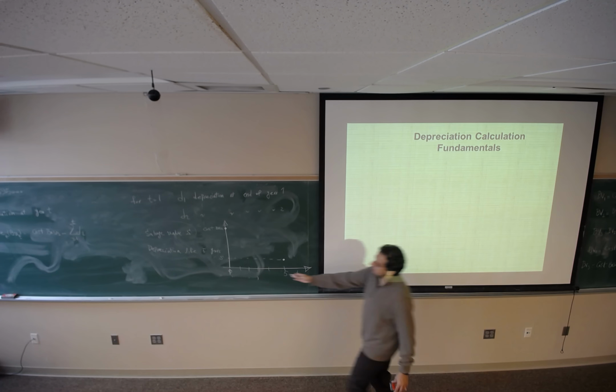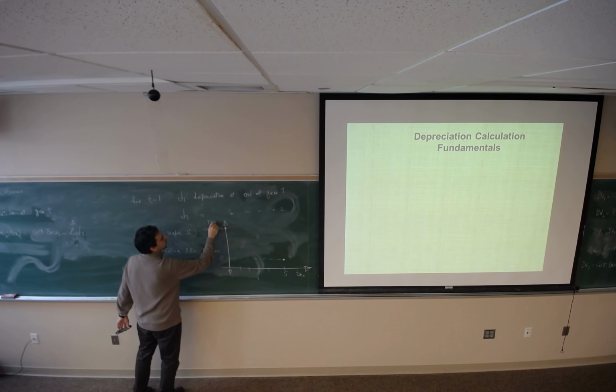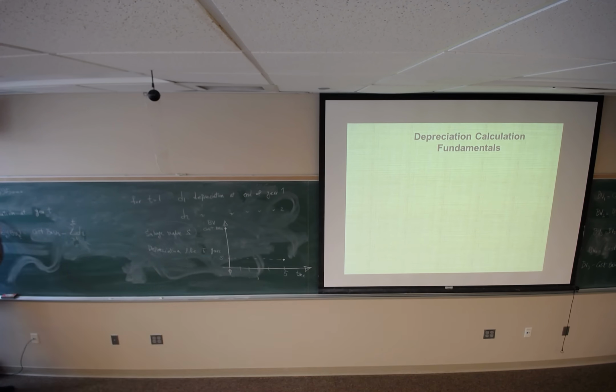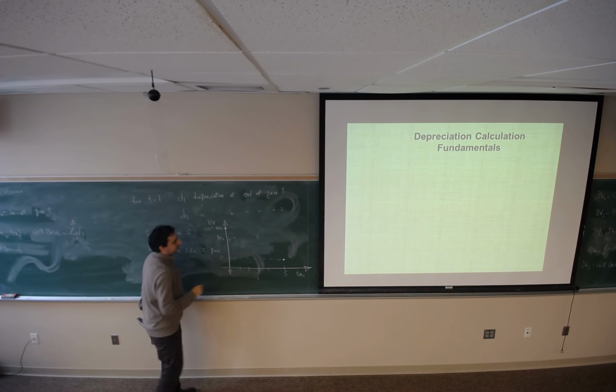Now, if this y-axis is representing book value and I would like to find the book value at year 1, it's going to be cost basis minus D1. Whatever D1 is, you subtract it from that and you get the book value at year 1.